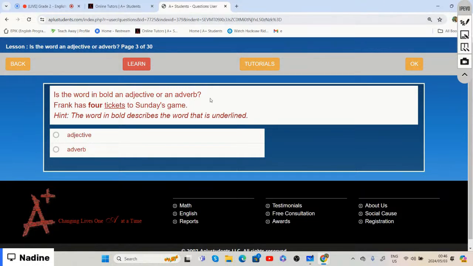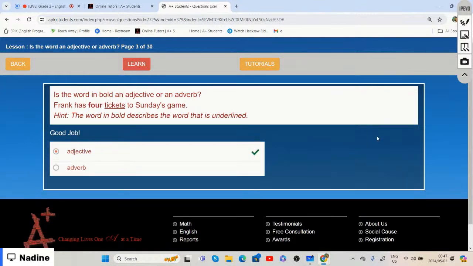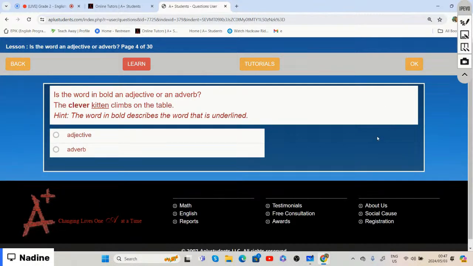It says Frank has 4 tickets, right? Which means that 4 tells us how many, so how many tickets, and that is an adjective. Remember, guys, with an adjective, you need to ask yourself what kind, or how many.